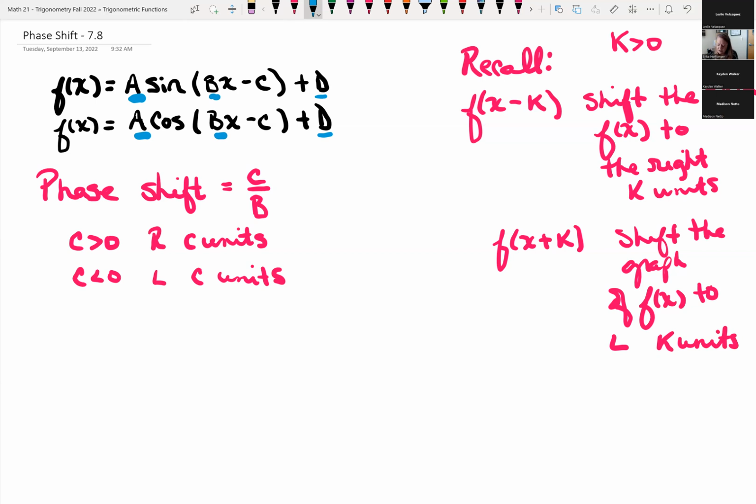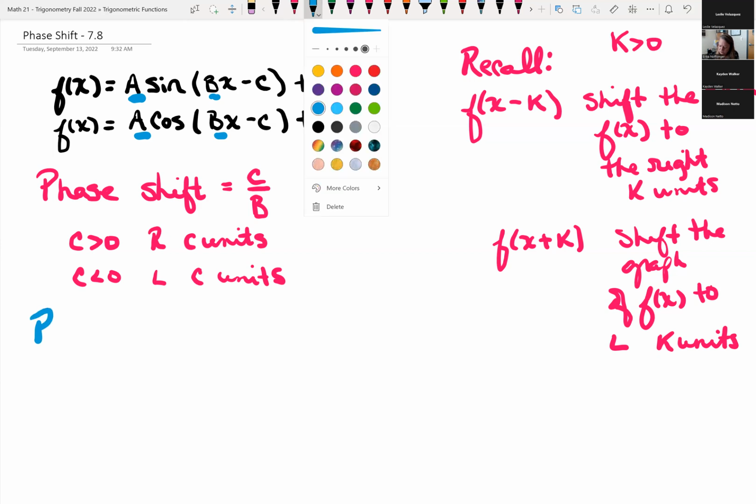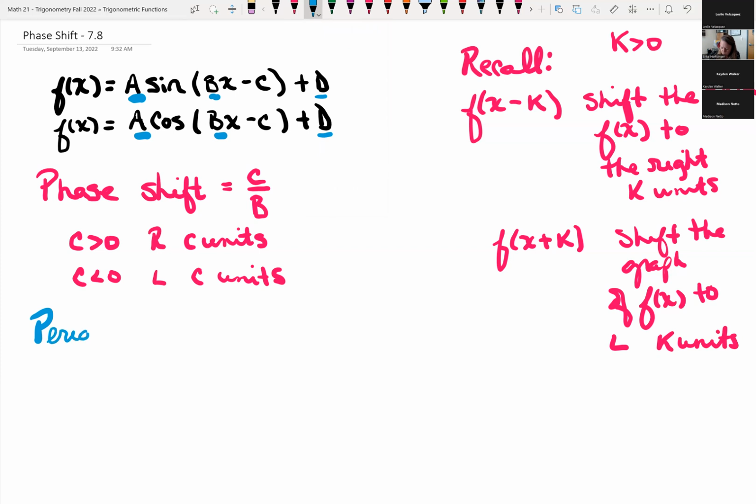And so our period, when I do this, I'm going to normally sandwich things in between my inequalities like we've been doing in the past. But sometimes we're going to be given information about our trigonometric functions, and we're going to need to find the equation. And so knowing these formulas is going to be helpful in that fact.